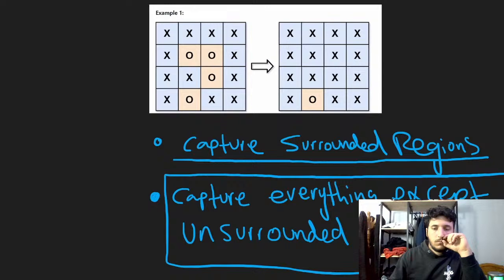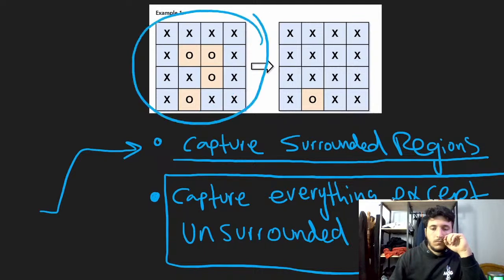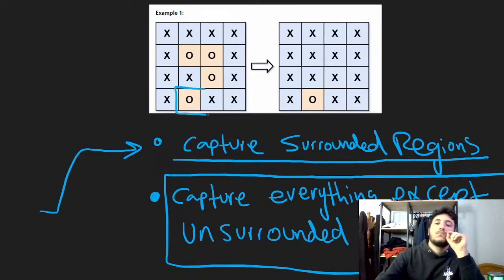I basically restated the first bullet point with a longer sentence. Capture everything in this board except the regions that are not surrounded. In other words, capture the entire board except for this region, because this region is not surrounded.